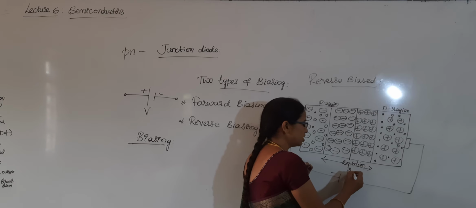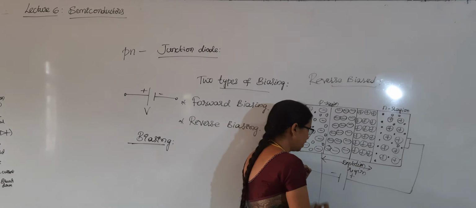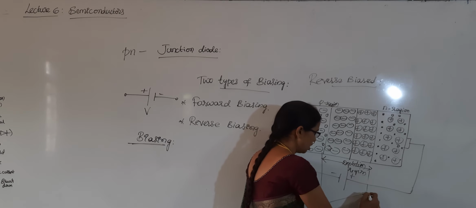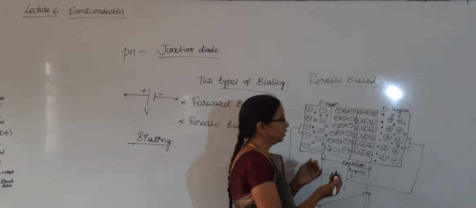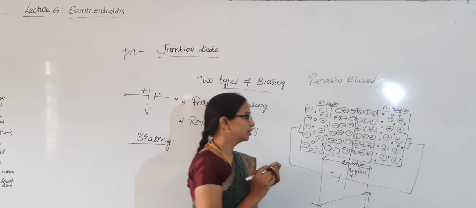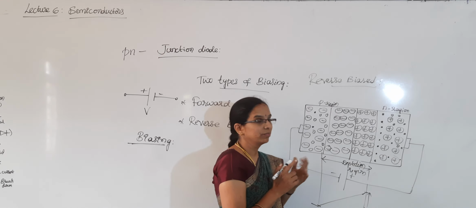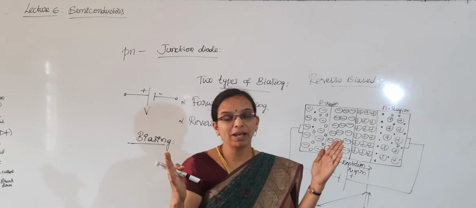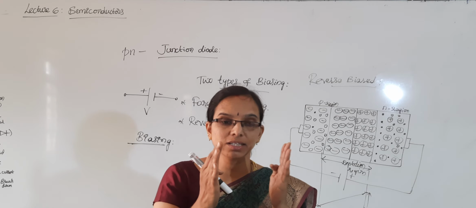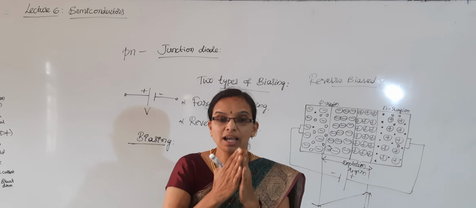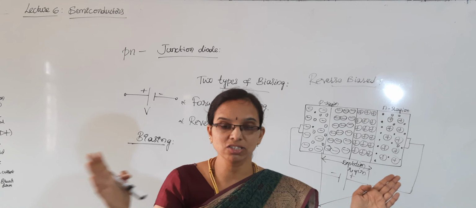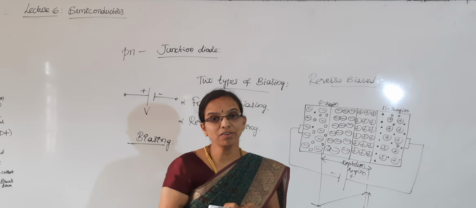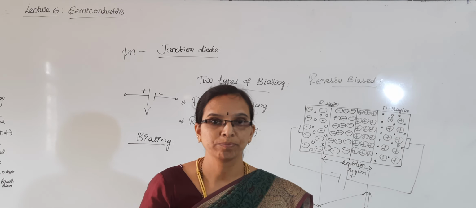The width of the depletion region increases and the height of the potential barrier also increases. Therefore, you can expect no current in case of reverse bias, because the free charge carriers are attracted towards the battery and move away from the junction.